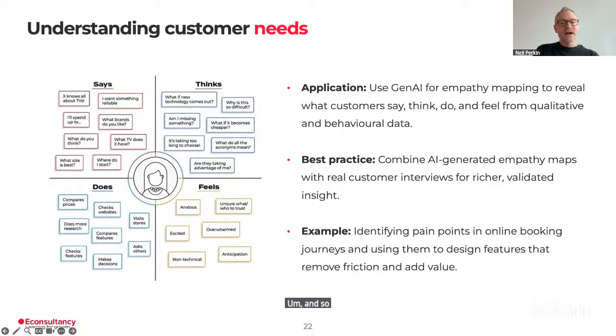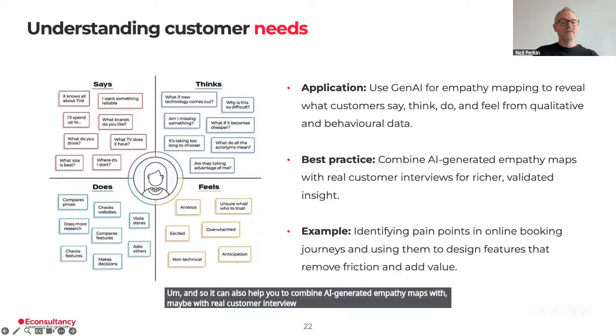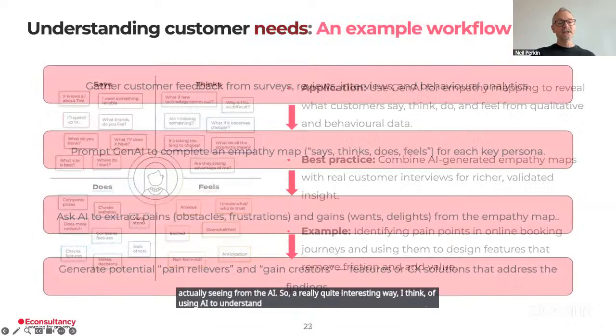And it can also help you to combine AI generated empathy maps with maybe real customer interview data to validate the outputs that you're actually seeing from the AI. So a really quite interesting way, I think, of using AI to understand customer needs.